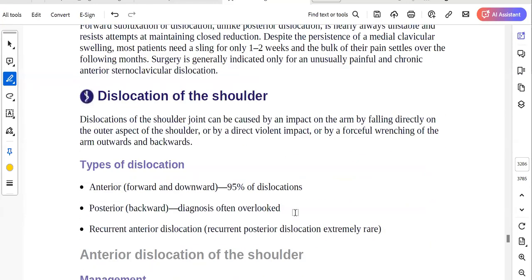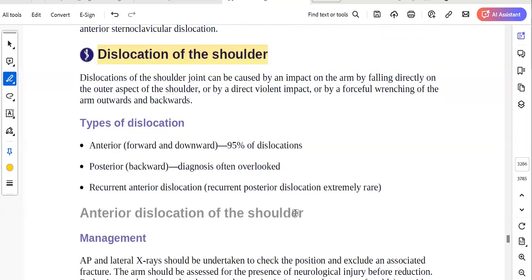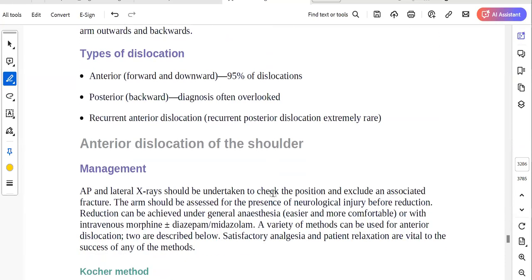Shoulder dislocation. Again, the mechanism of injury is the same. So patient can fall on the outstretched hand. Sometimes patient can have maybe just a direct violent impact on the shoulder that can cause a shoulder dislocation. 95% cases it is anterior dislocation where the shoulder moves forward.